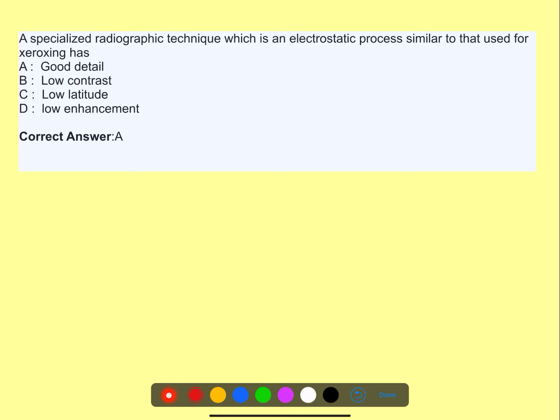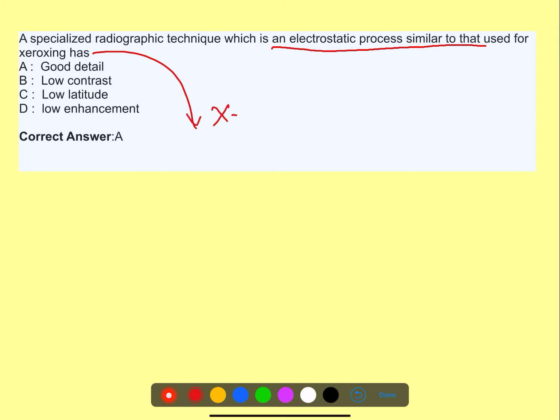A specialized radiographic technique which is an electrostatic process similar to that used for xeroxing. In this question, the direct technique was not given. Here the definition was given, that is an electrostatic process similar to xeroxing.